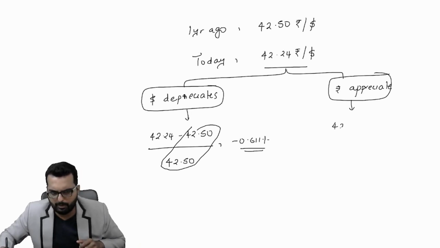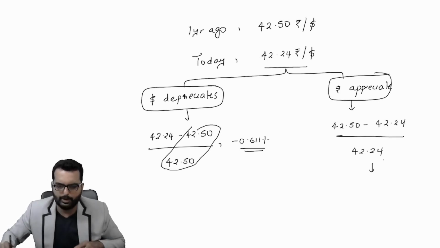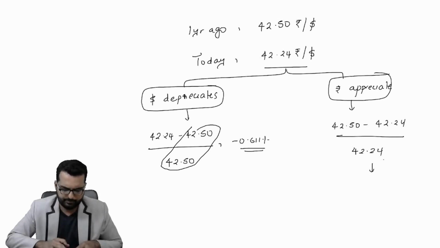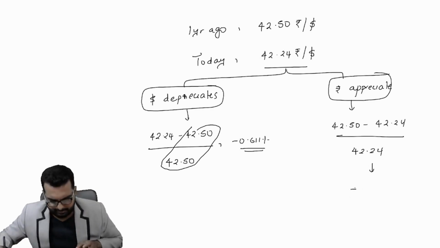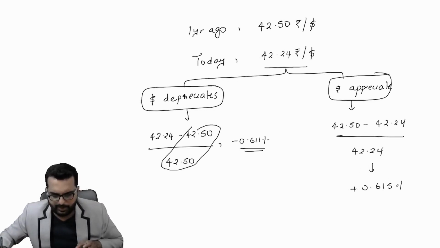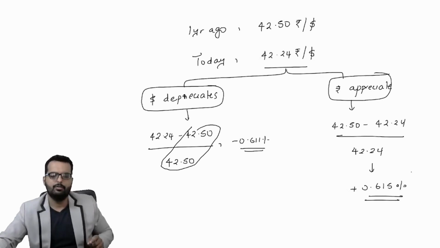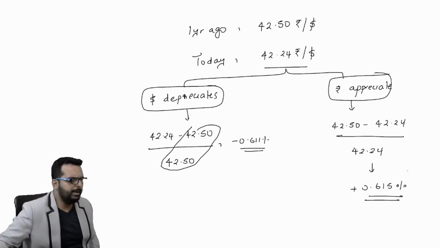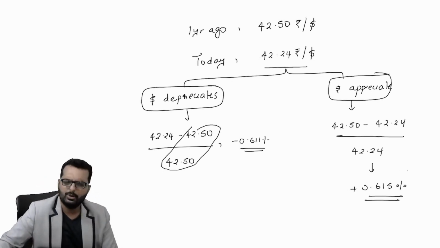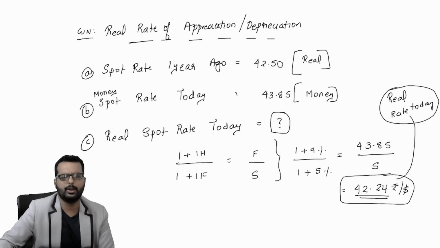And here the formula would be 42.5 minus 42.24 divided by 42.24. You'll get the answer as plus 0.615 percentage. Friends, they have done this for bid, they haven't done it for ask. You can do the same thing for ask if required. Can you write down this in your books now?